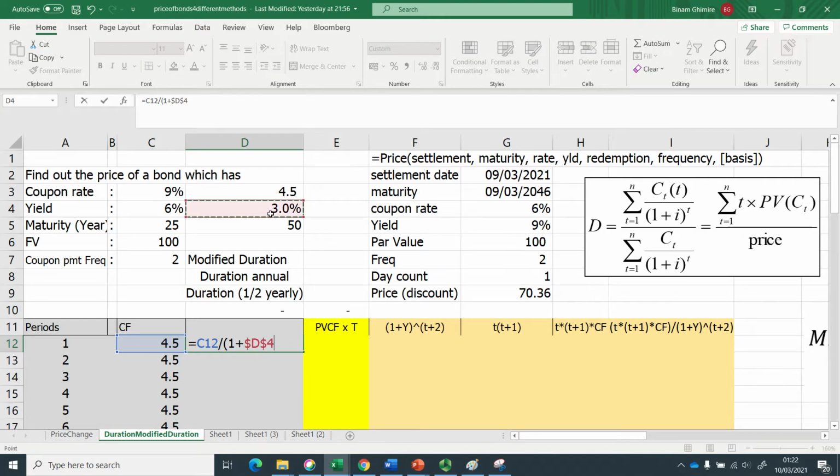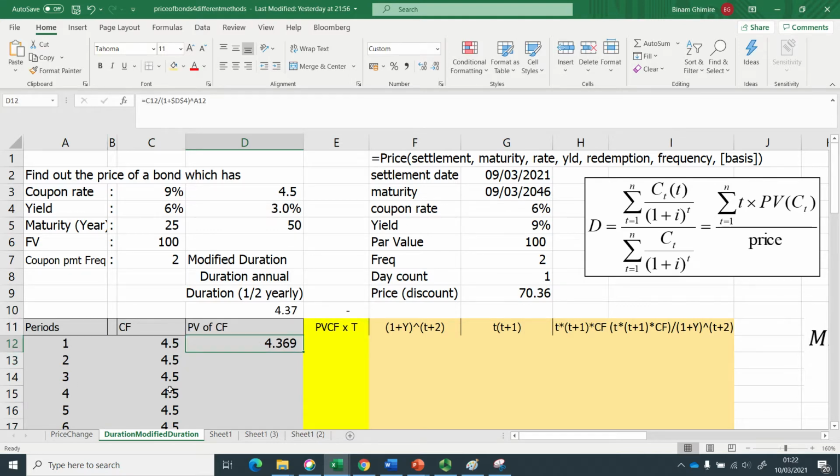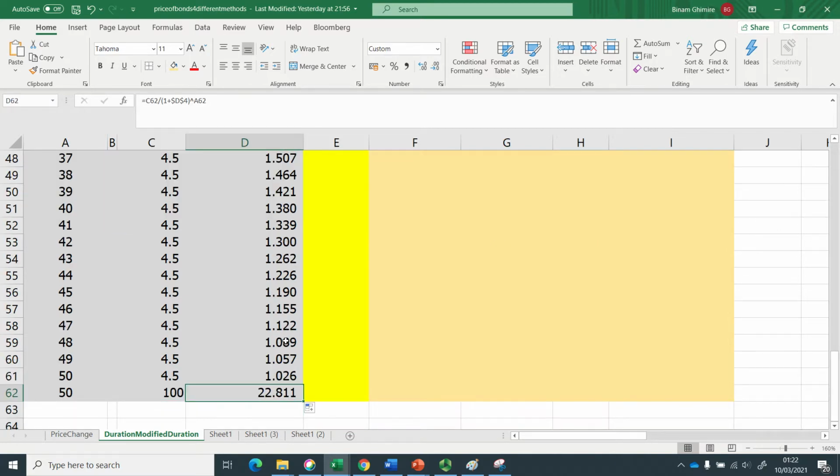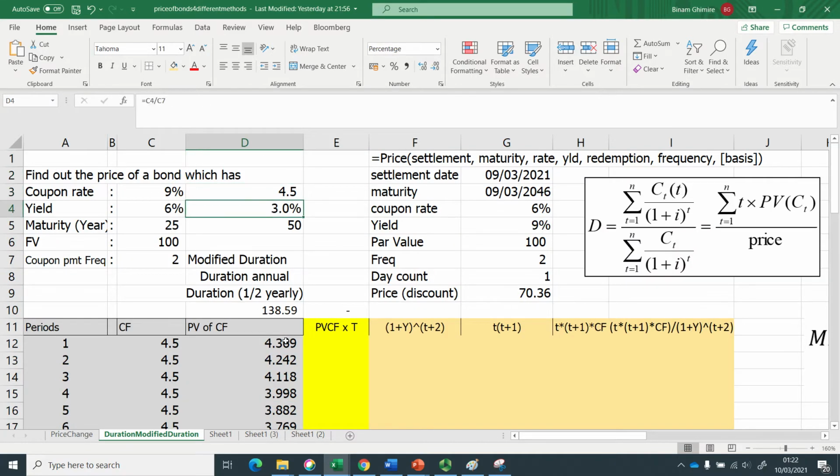I am going to lock it now, and then raise it to the power of time, which is this period. So I have computed the present value of my cash flows. I'm double clicking so that it has computed all present values for all 50 periods, including the maturity value, which is $100 here as an example.